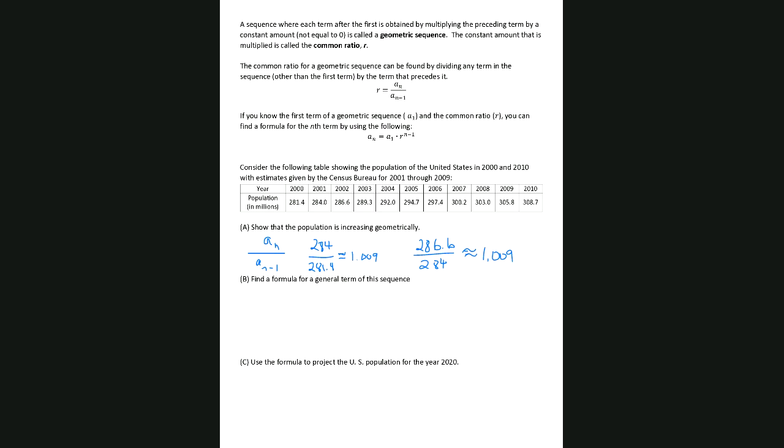All right, so find a formula for the general term. Well, the general term is going to be a sub n, and it's equal to a sub 1, which in our case is 281.4, times 1.009, which is the common ratio r, raised to the n minus 1.